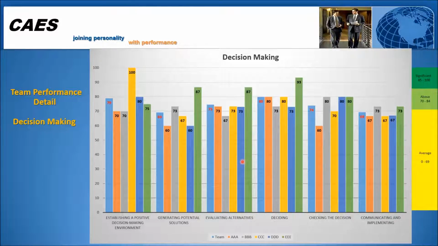In evaluating alternatives, everybody seems to be pretty good at that. We see that member B is not as focused on that. That said, when I think of member B and I start to put together various components, member B is a very fast decision maker, very proactive. There's a number of different characteristics that lead member B to do things very quickly.